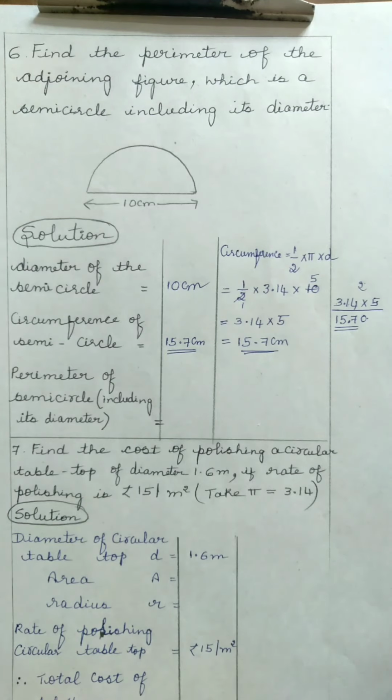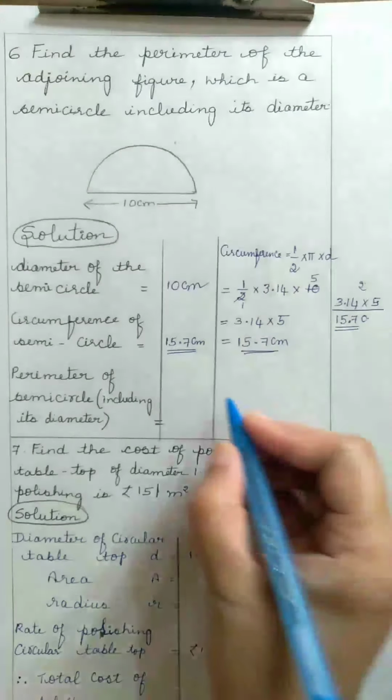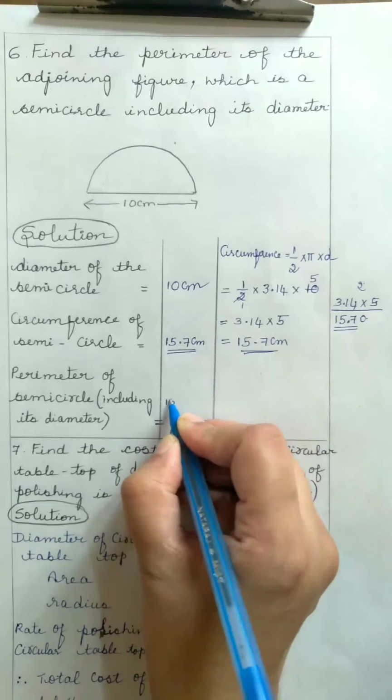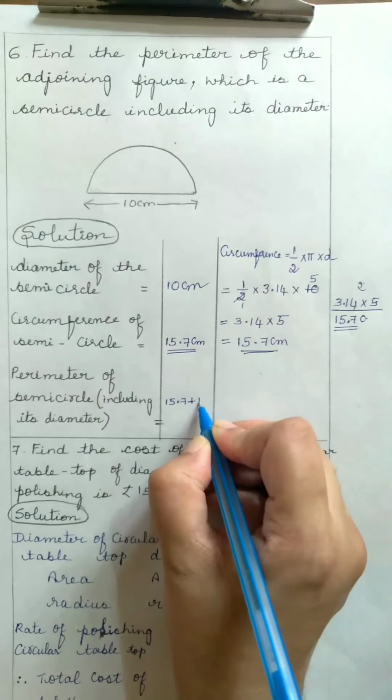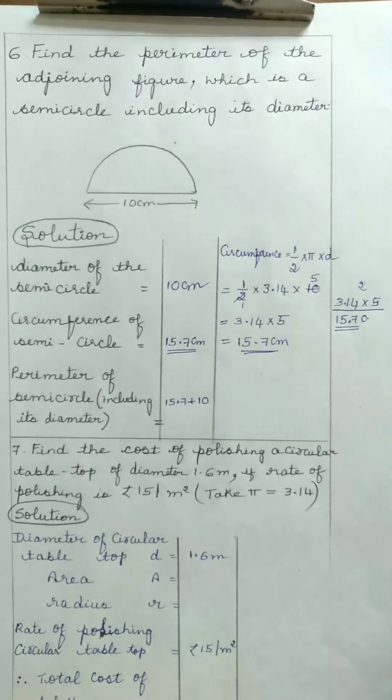Therefore, perimeter of a semicircle is 15.7, which is the circumference of the semicircle, plus 10 centimeter, which is the diameter. We need to take the circumference and diameter of the semicircle to find out the perimeter.